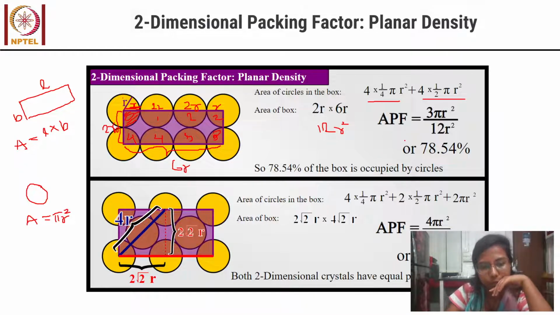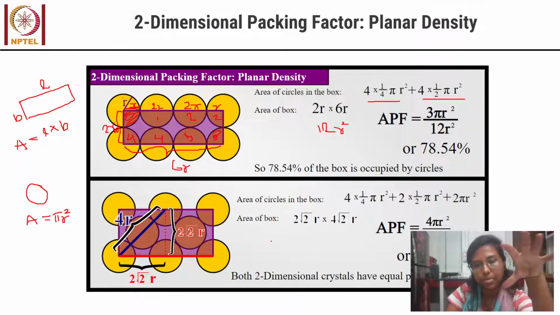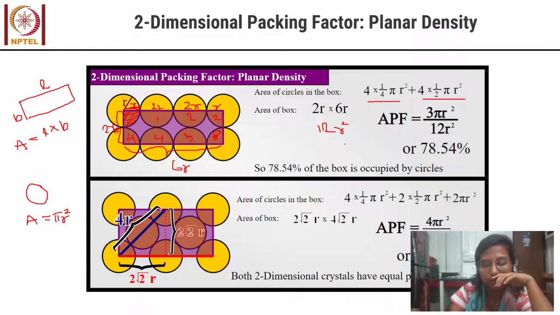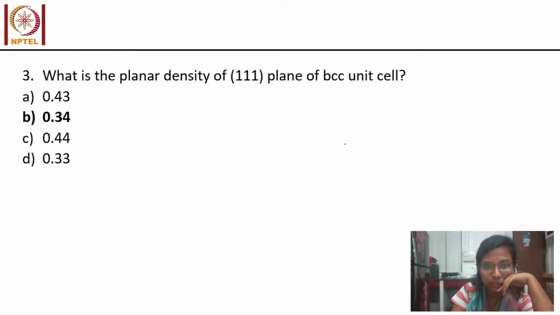So from here we can understand that even though the atoms are arranged in two different manners, both of them have equal planar density and hence equal packing in the two cases. So this is all about planar density. Now we have this question, right? What is the planar density of the 111 plane of the BCC unit cell?